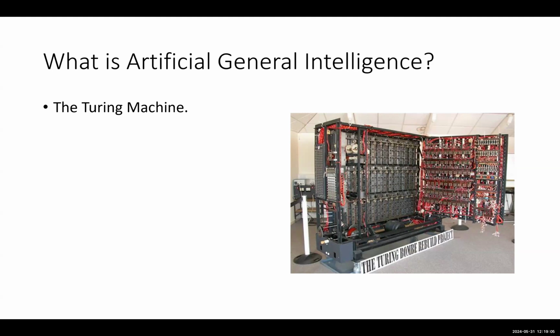This is what's known as multiple realizability. The idea is that as long as it performs its function correctly, that's all that matters. It doesn't matter whether it's made out of plastic or metal or silicon, or maybe even the human brain.